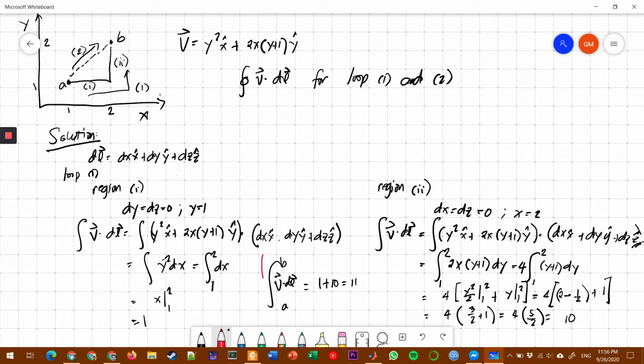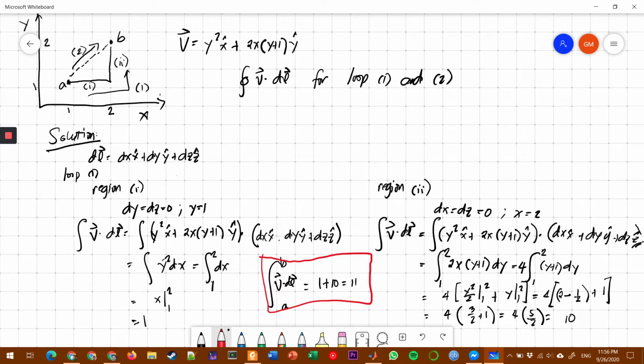Okay, so this is now the result of your line integral from point A to point B.